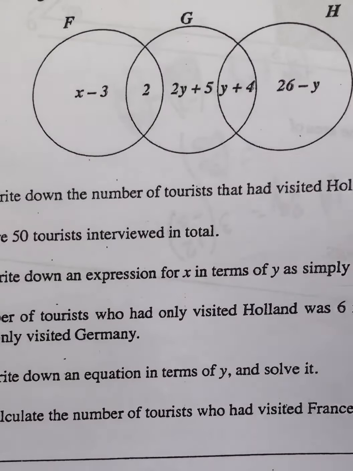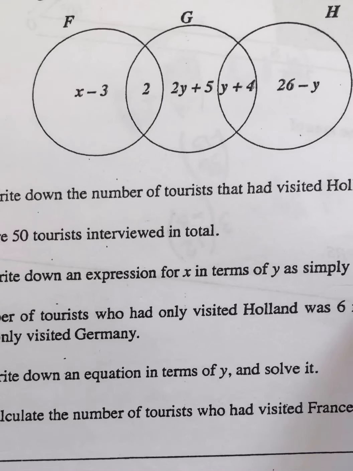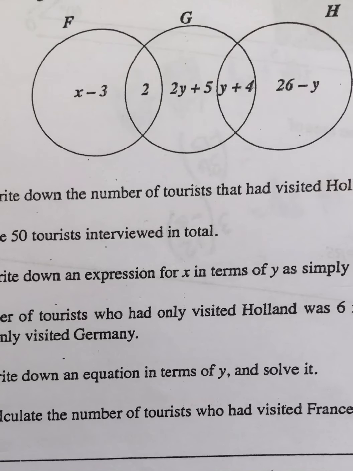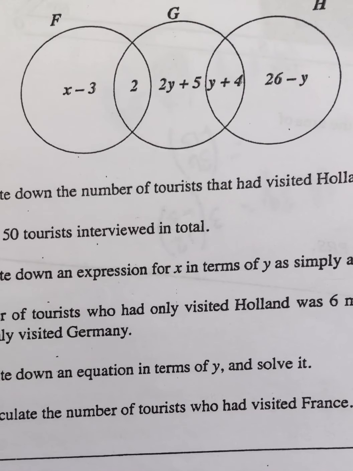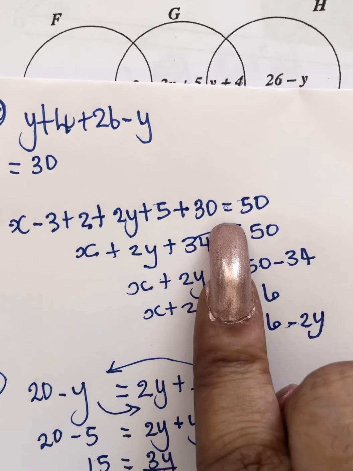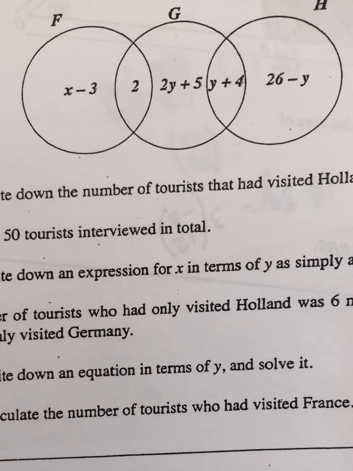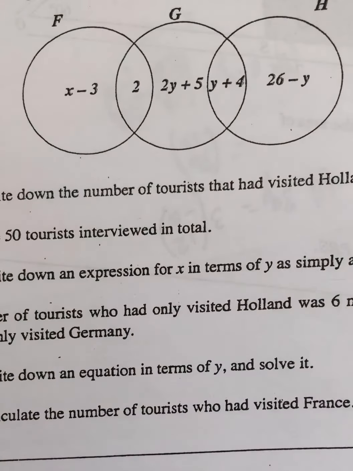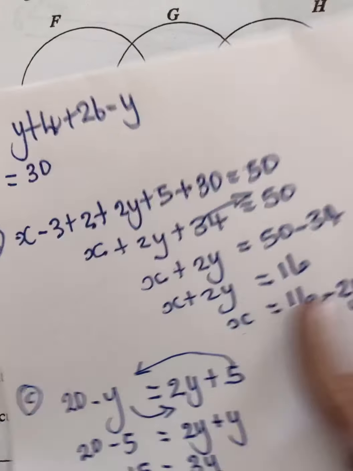Part B, write down an expression for x in terms of y as simply as possible. So that is what we did. We wrote our equation because they told us that 50 tourists were interviewed in total.